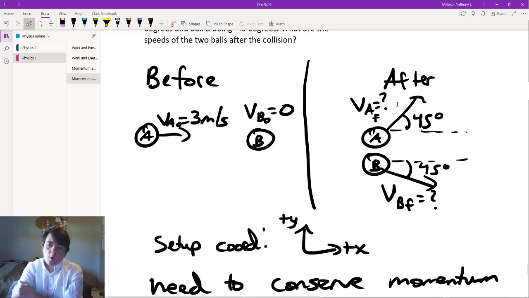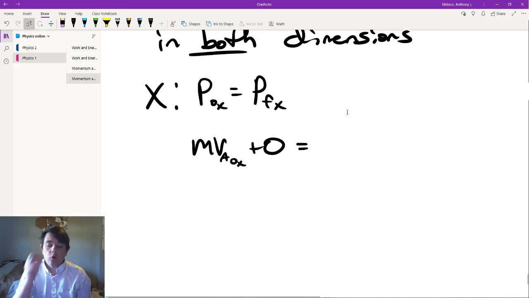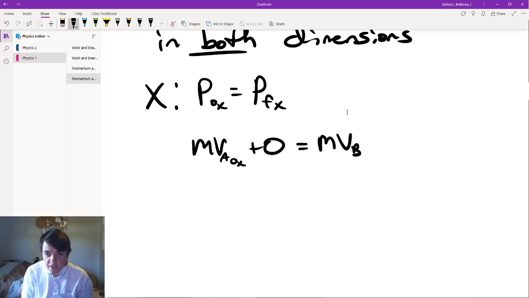Now, we need the x direction of these movements. We don't know what VAF and VBF are, but if they're moving off at 45 degrees like this, we need cosine of that angle to get the x direction. So this will be MVA final, sorry, it's ball A, in the x direction, plus MVB final in the x direction.